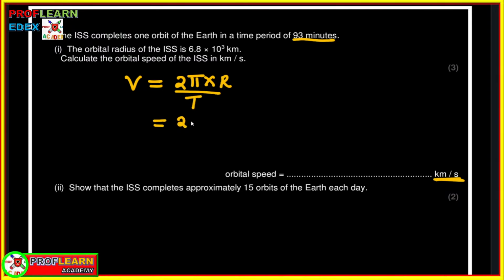This is 2 pi times 6.8 times 10 to the power 3, divided by the time. Time is in minutes, so we multiply by 60 to convert it to seconds. So this is 93 times 60. Let's see what our calculator gives us.